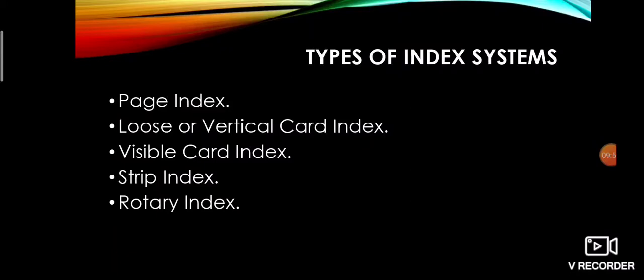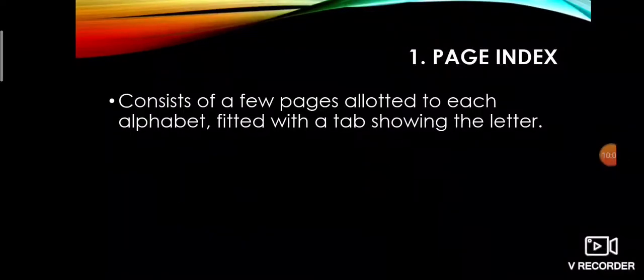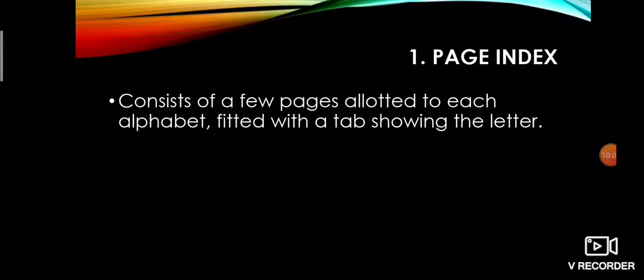So we have 5 major types of index systems. The first one is the page index, and it consists of a few pages allotted to each alphabet, fitted with a tab showing the letter.